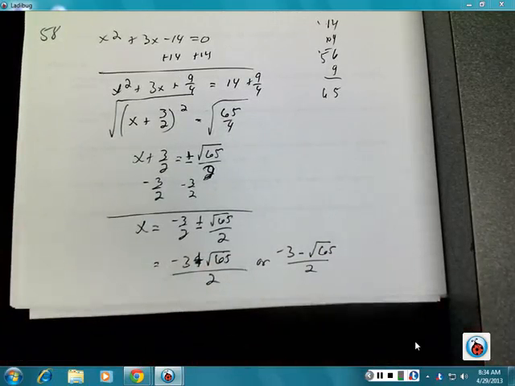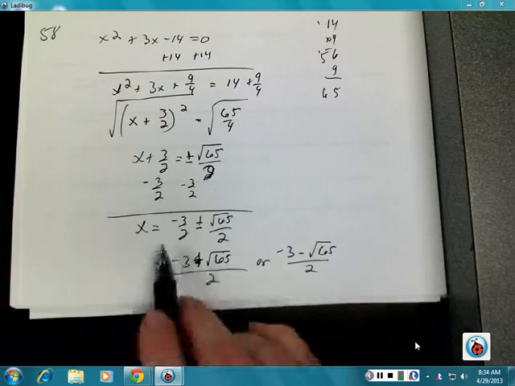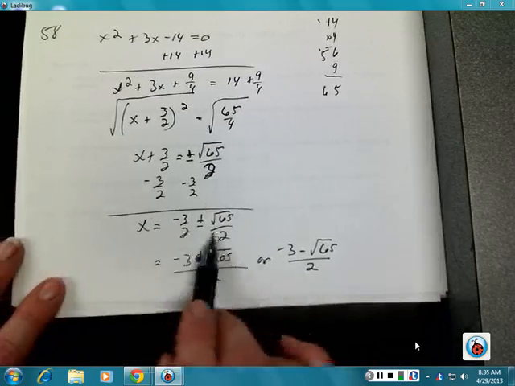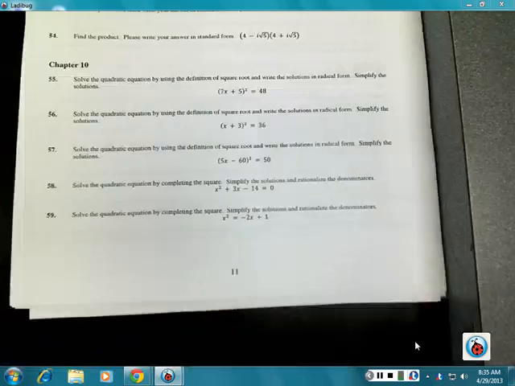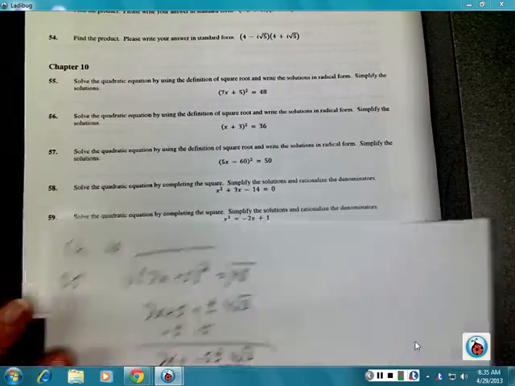And that would be my 2 answers. 58. We good? Did you take the original version, just plus or minus? Oh, yeah, this part on your test. But you want to put this so it's all over one single 2, not having double 2s underneath it. Yep. Okay, so that was 58.